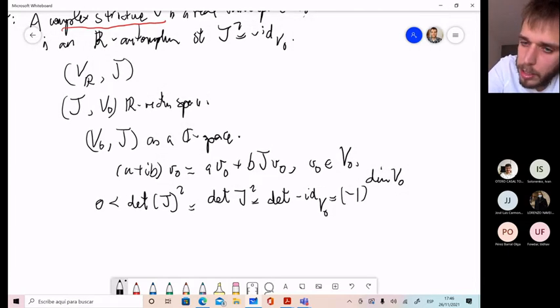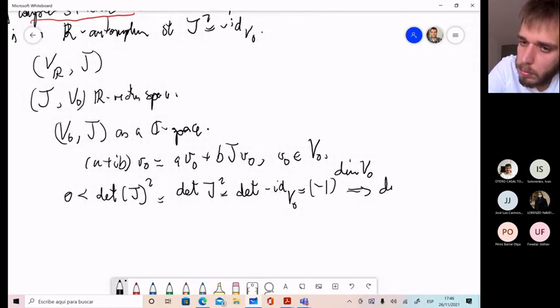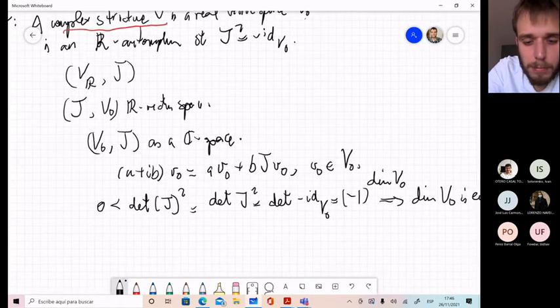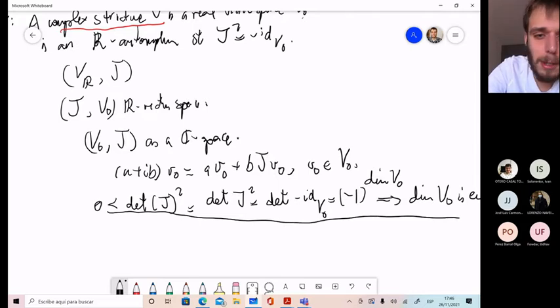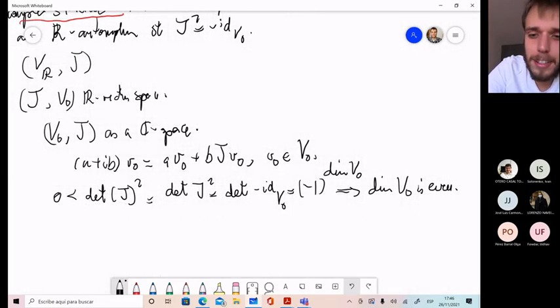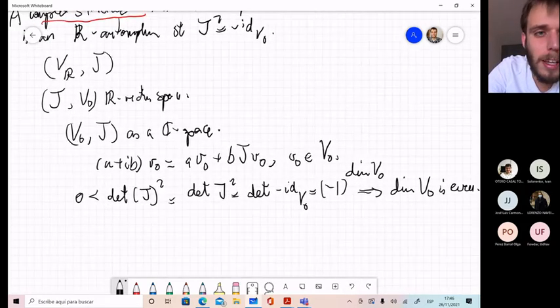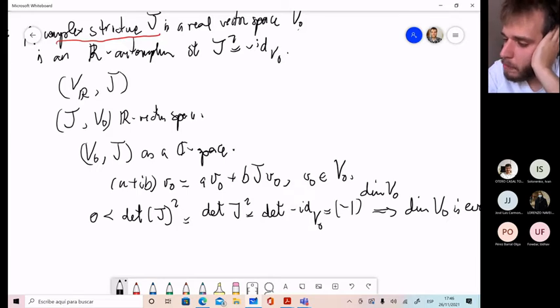But this is greater than 0, so the dimension of V_0 is even. Okay, probably you all knew this, but I like this kind of argument because it's a one-line argument and it's a beautiful proof for me.